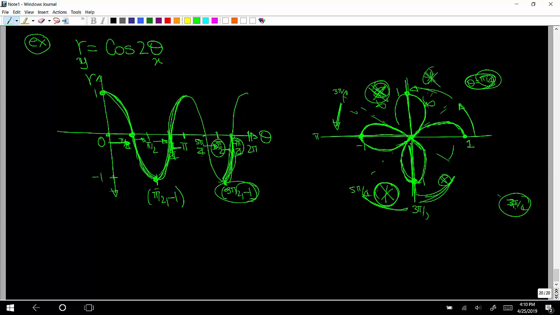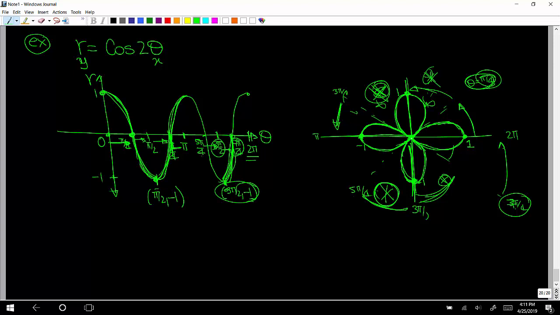So you start out here, you come back to 0, and then between 7 pi over 4 and 2 pi, it's going to increase and peak at 1 again, so it's going to come back here. We stay here because r is positive. So we'll come out here and get this. That's the graph we get.